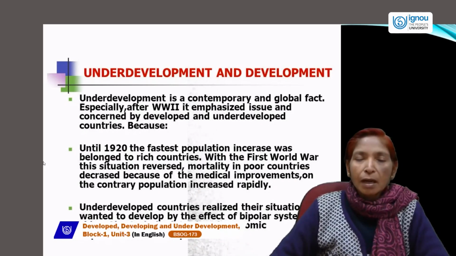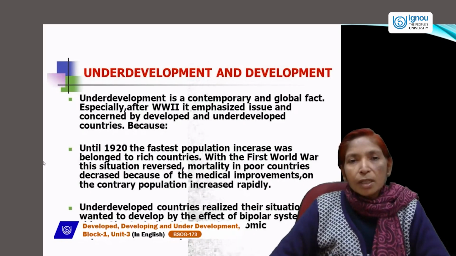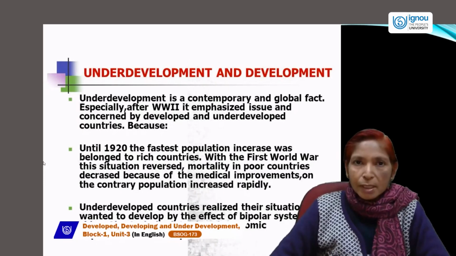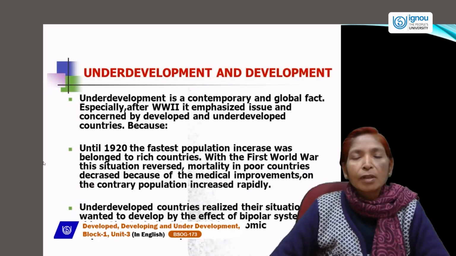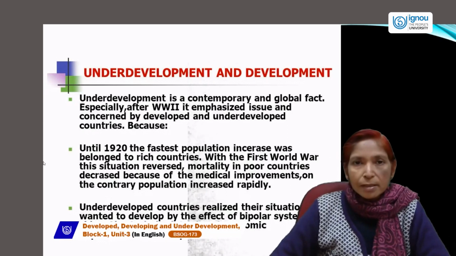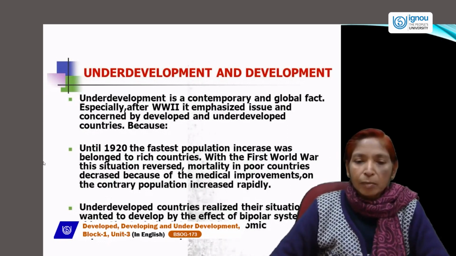If country people are unemployed, poor, and backward technologies are used for the production of goods and services, and there is inefficient use of technology and underutilization of available human and natural resources, that type of economy is called an underdeveloped economy.